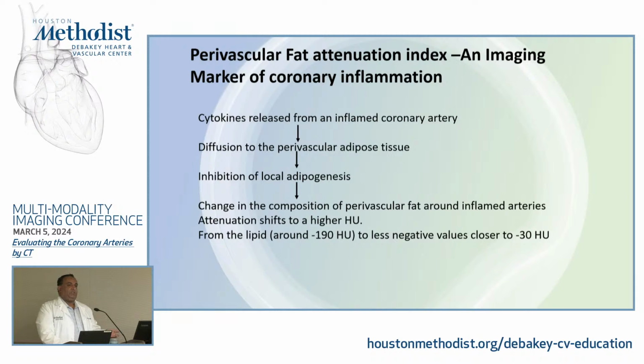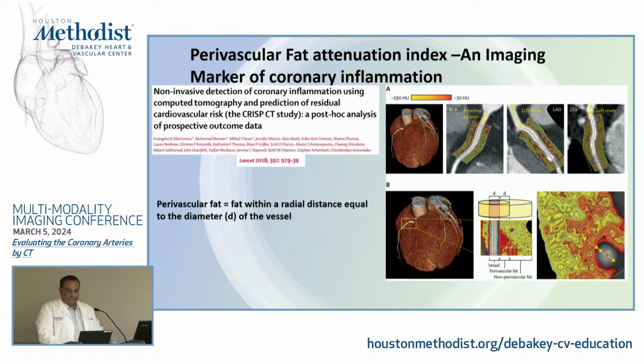That shifts your Hounsfield units to a more positive value. Typical perivascular fat has a Hounsfield unit around negative 190, but as adipogenesis is inhibited, that progresses to a higher value closer to negative 30. That's really the thinking behind it.